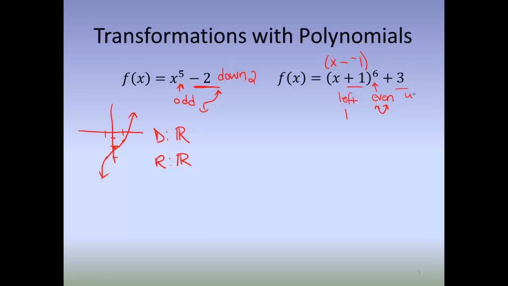The plus 3 means it moves up 3. So from 0, 0, I'm going to go left 1, up 1, 2, 3. That's where my vertex is. And then I can plot a couple other points. And I know it's going to look like a parabola.